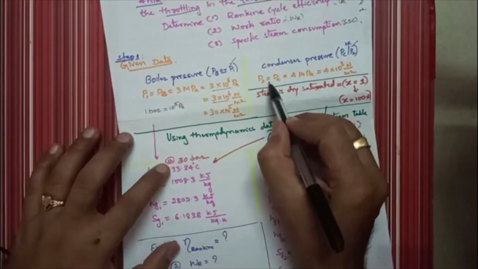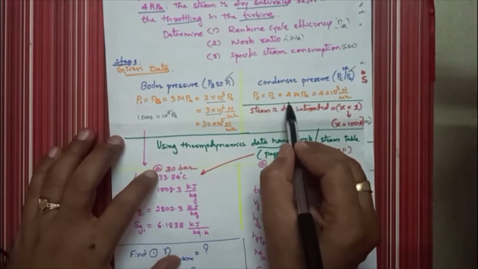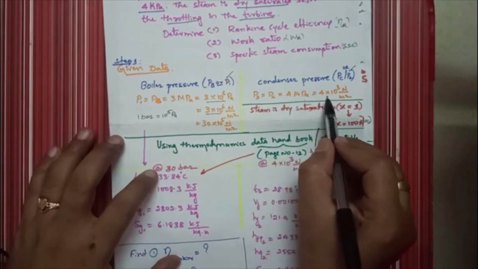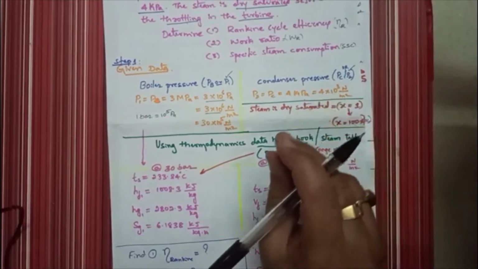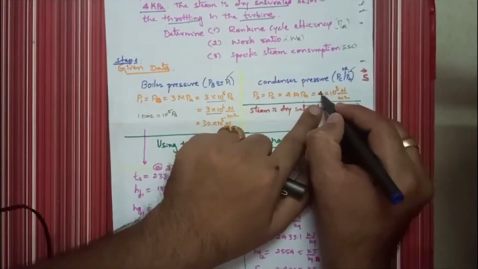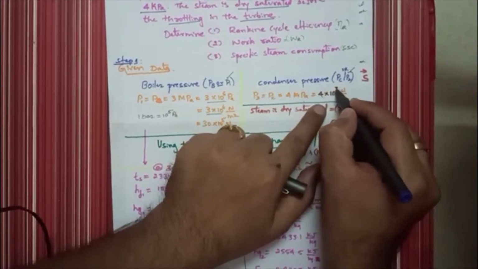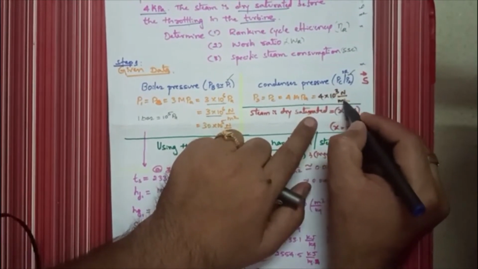And similarly, for the condenser pressure P2, he has given 4 kilopascal, 4 into 10 to the power of 3. Here I will write. Can you see these notes? Okay. 4 into 10 to the power of 3, it is Newton per meter square.